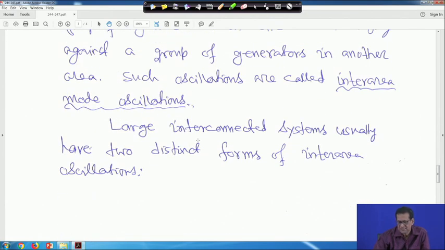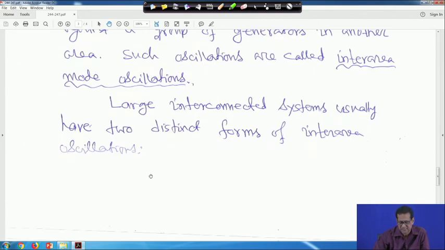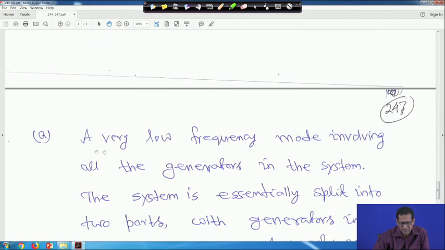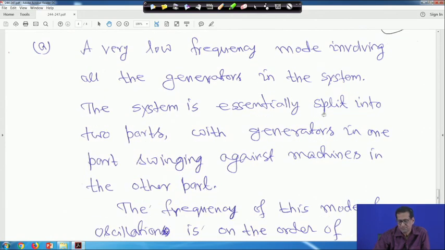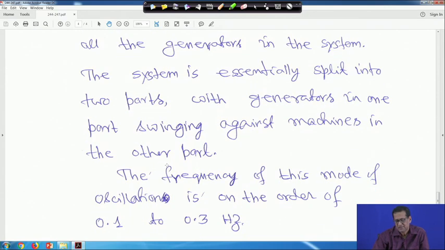Large interconnected systems usually have two distinct forms of inter-area oscillations. First one is a very low frequency mode involving all the generators in the system, right. So, the system is essentially split into two parts, with generators in one part swinging against machines in the other part, right. That means a group of generators swinging together against a group of machines in another area.